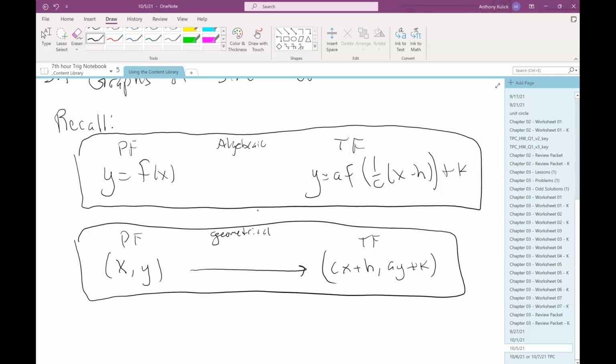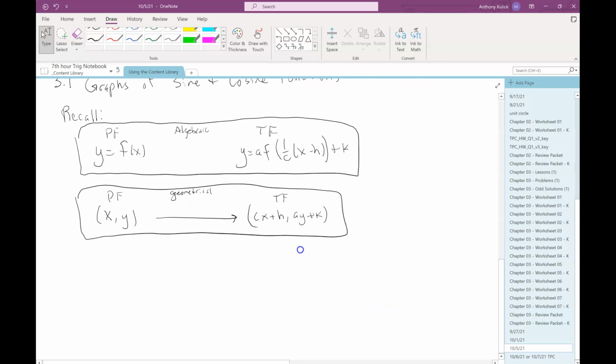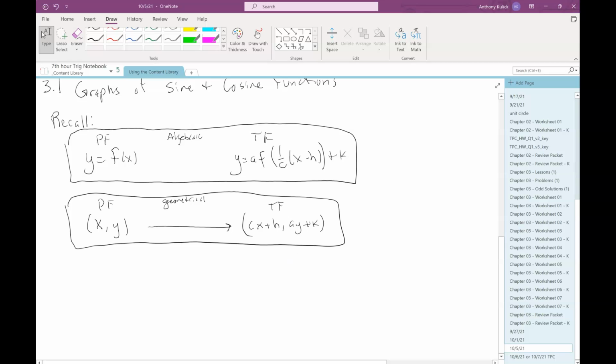We're going to be building on these two ideas today, talking specifically about sine and cosine functions. We're going to come back to these ideas throughout this first lesson, okay? But I just wanted to make sure that we had these down so that when we refer back to them, they're still there.